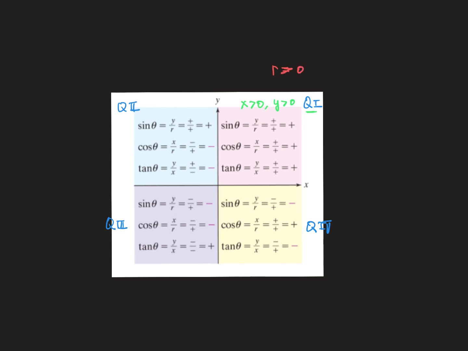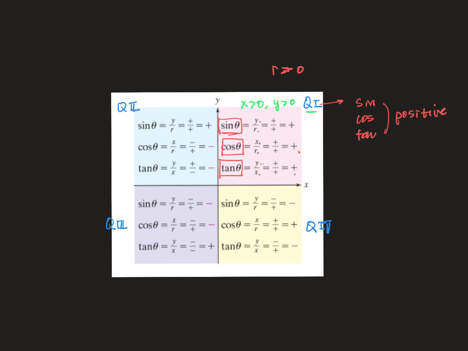It can't be negative. So sine theta, y over r, y is positive, r is positive, that's positive. Cosine theta, x over r, is positive. Tangent theta, y over x, is positive. In quadrant 1, the conclusion is sine, cosine, tangent are all positive.